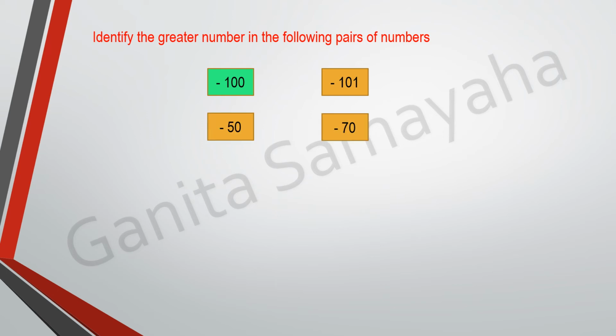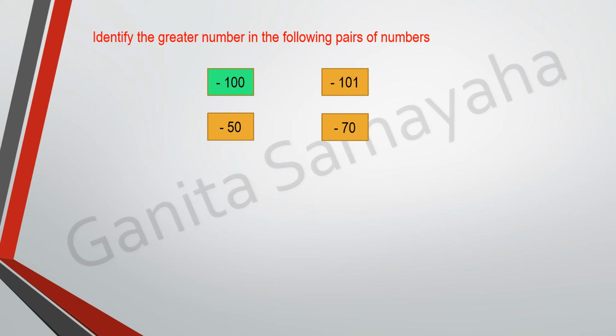Next. Minus 50 and minus 70. One way is to see which comes to the right. Minus 50 comes to the right. After that you get minus 70. That is one way. The other way, what is that? Between 50 and 70, 70 is greater but minus 70 becomes lesser.